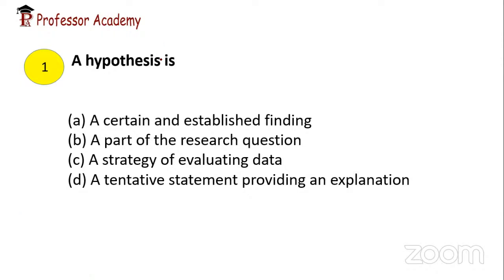This is a highly repeated question and we have already discussed what a hypothesis is, and there is no doubt it is a tentative statement providing an explanation. This explanation is basically about the relationship between a dependent variable and an independent variable. So the right answer is option D.